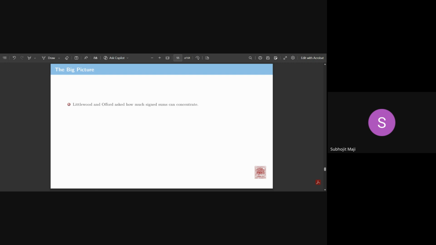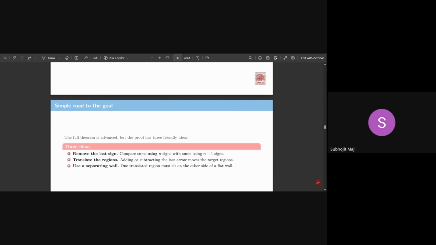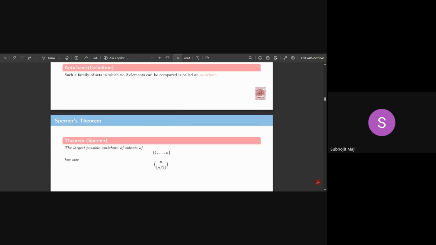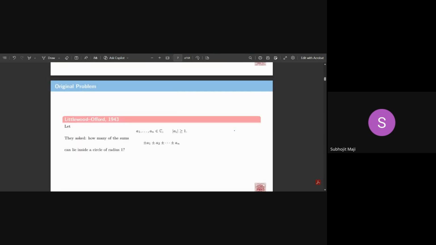Now the big picture is that Littlewood and Offord asked how many signed summations can concentrate within a ball of radius 1. If you had forgotten, our original question started with: if I had taken complex numbers, what would have happened? Here's the original question.